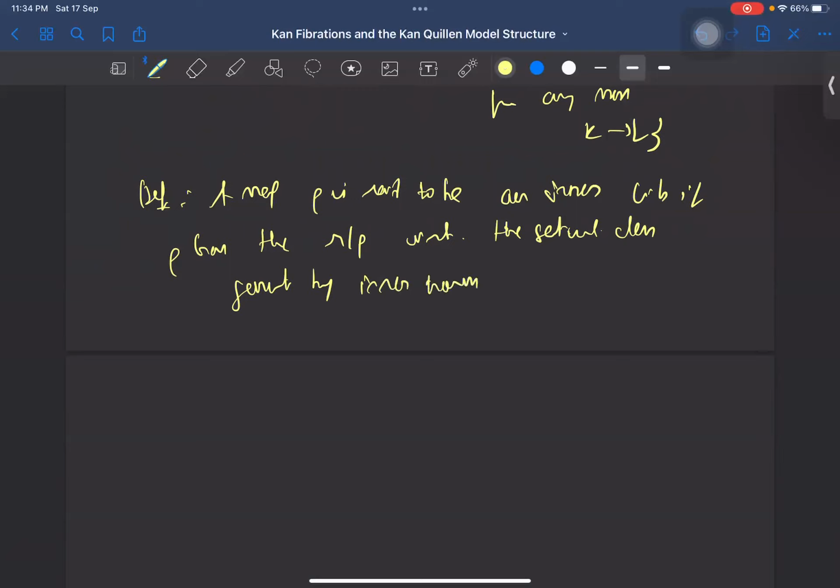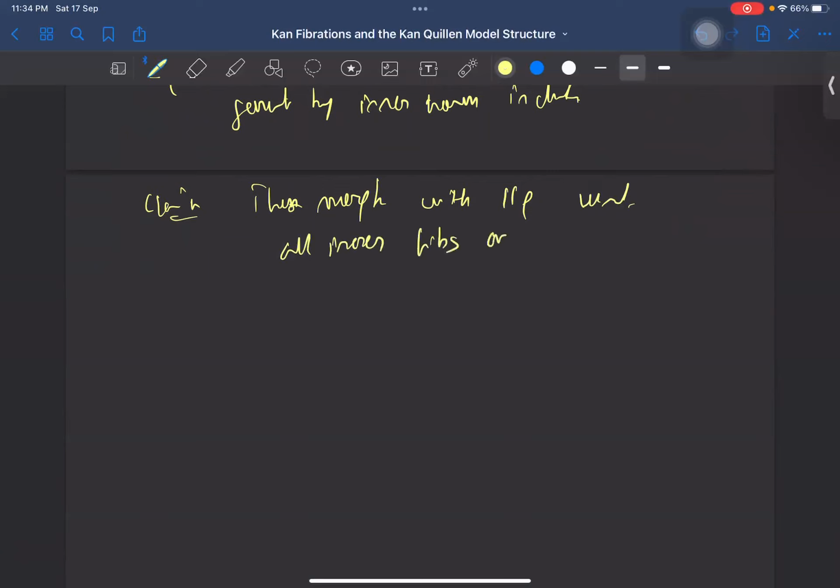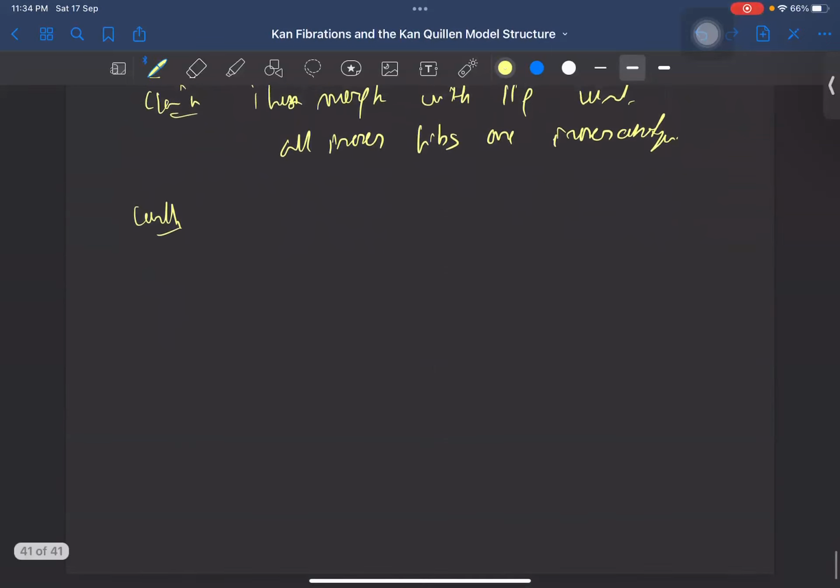You can also check the claim that the morphisms with the left lifting property with respect to all inner fibrations are precisely inner anodyne. A corollary would be, it's a long corollary, a part of the last corollaries that Cisinski talks about. Maybe I'll stop here then.